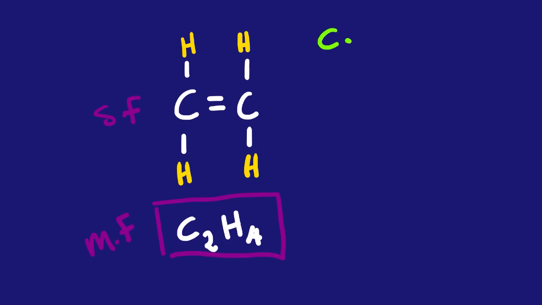So the condensed formula, we start looking at the first carbon. We write C, and then how many hydrogens it has. We have H. How many hydrogens? We have 2. And then looking at the next one, C, and then we put the number of hydrogens it has. So you can clearly see the difference between this and this.